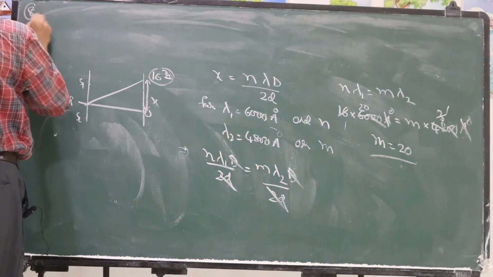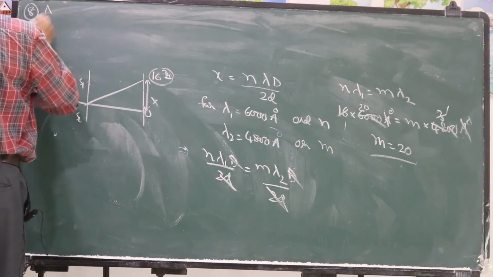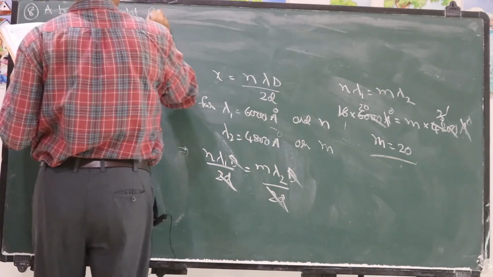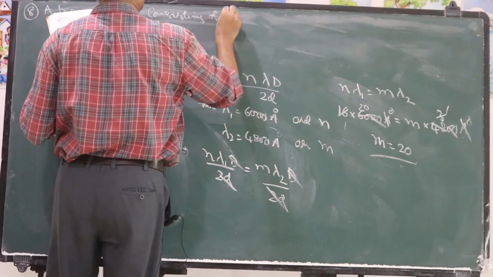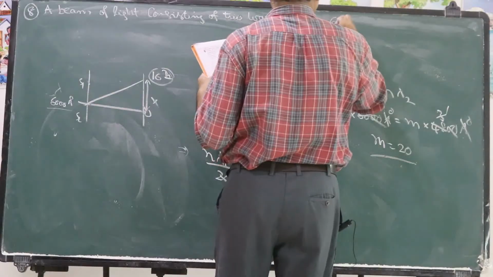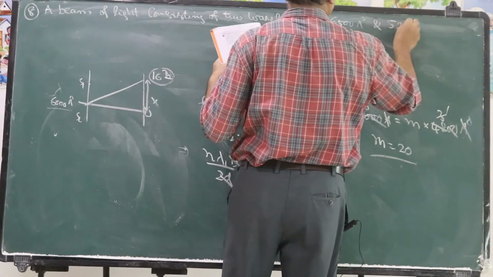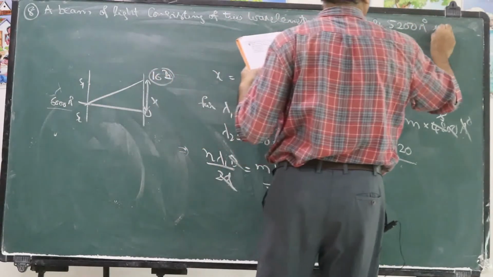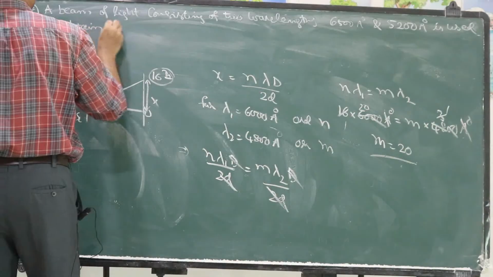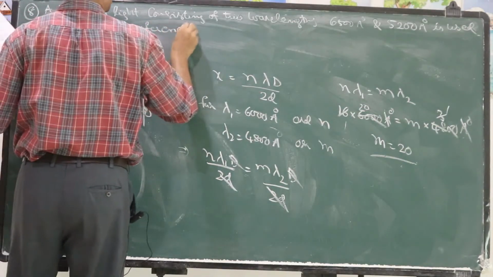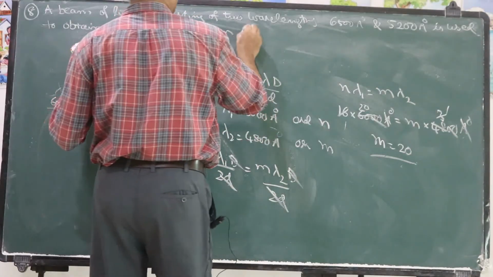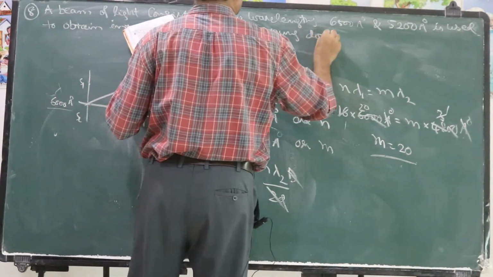Now, 8th one. A beam of light consisting of two wavelengths (6500 Armstrong and 5200 Armstrong) is used to obtain interference pattern in Young double slit experiment.